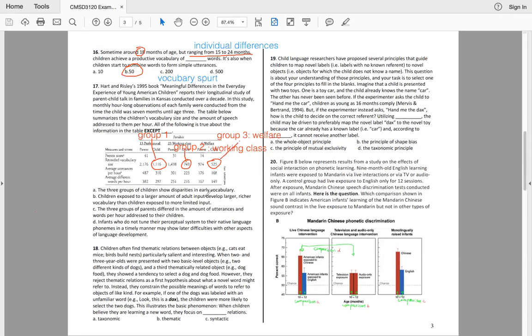So A, we see A in this figure, in this table.